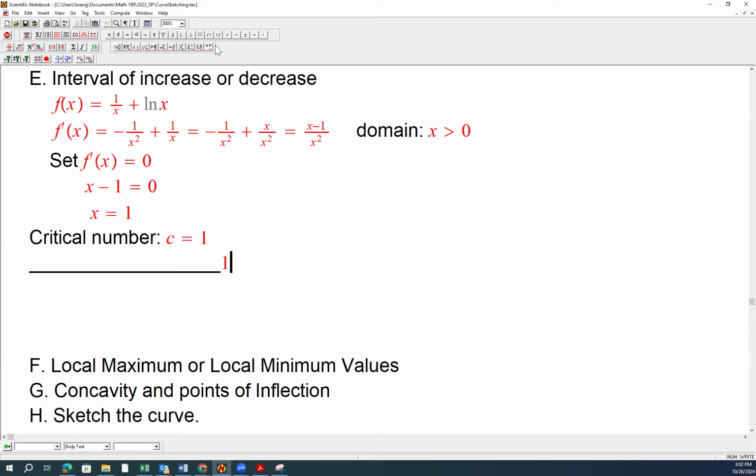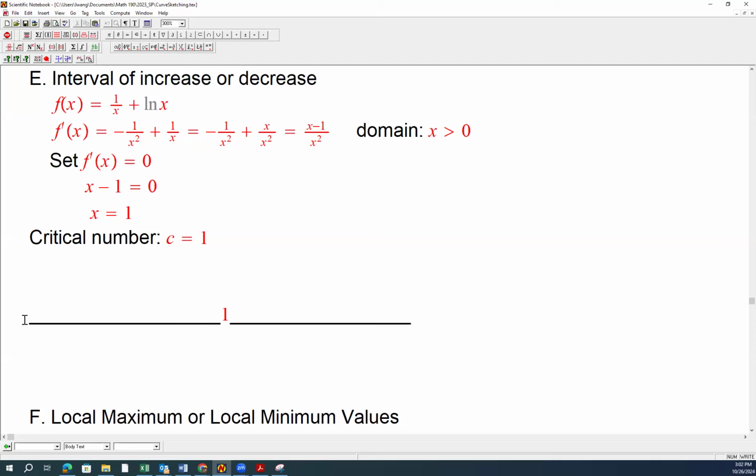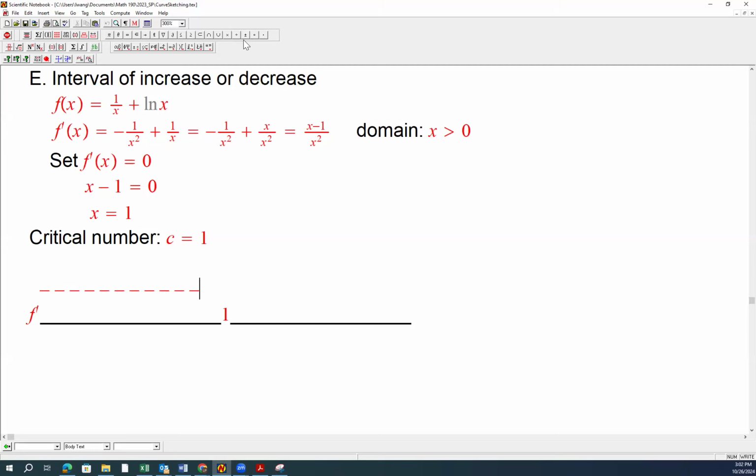At 1, by the way, we are working with the first order derivative sign. So to the left of 1 is negative, at 1 is 0, and larger than 1 is positive.